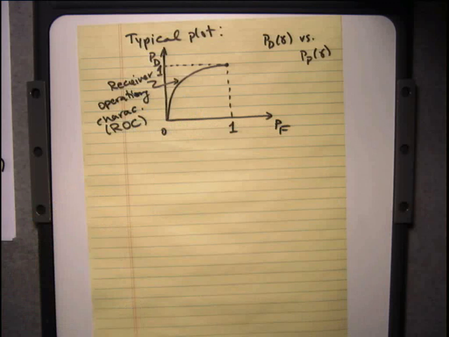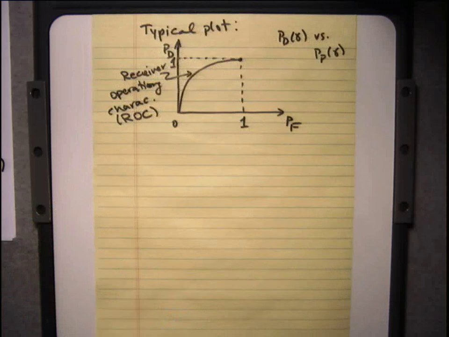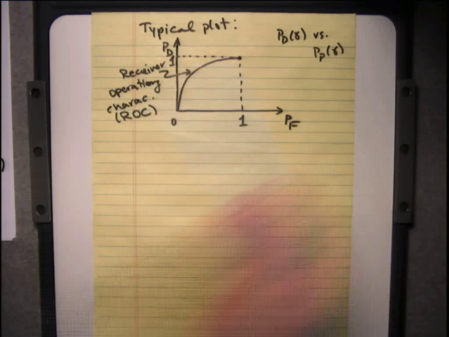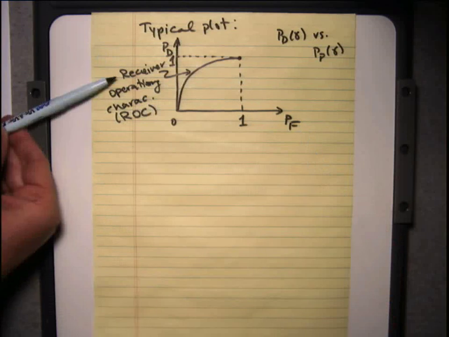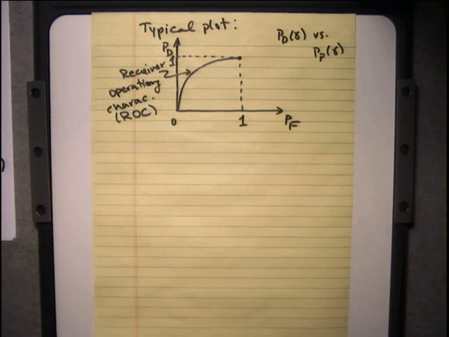A lot of this theory and its applications were in fact developed during the early days of radar for World War II. And so what they did is they would build these big antennas, and they would look at the sky for signals. And then they would plot how often they detected the signal correctly versus how often they missed things, and they would get a curve like this. And so that was the performance of their receiver, of their radar receiver. So these curves then generically came to be known as receiver operating characteristics, or ROC curves.